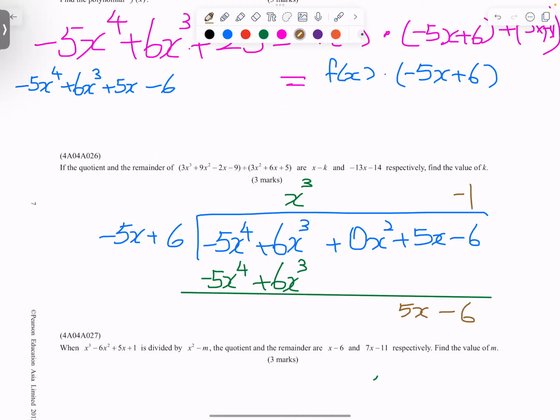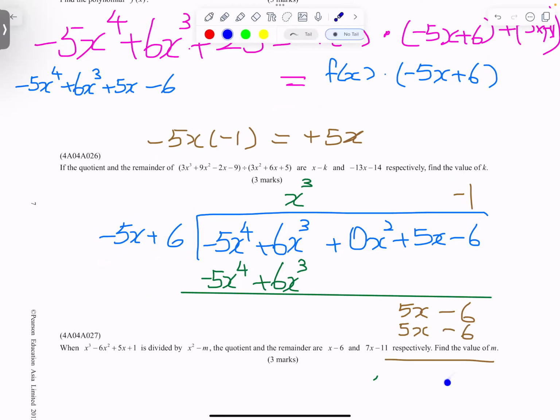You can try to do it separately. Negative 5x, so 5x. Negative 5x times negative 1, you get 5x. You can't leave the 6 alone, so 6 times negative 1 as well. So if you have any remainder in the end, that means you did something wrong.